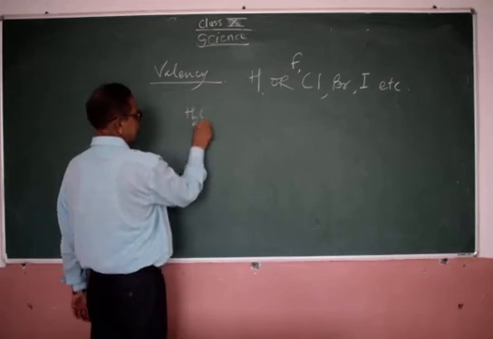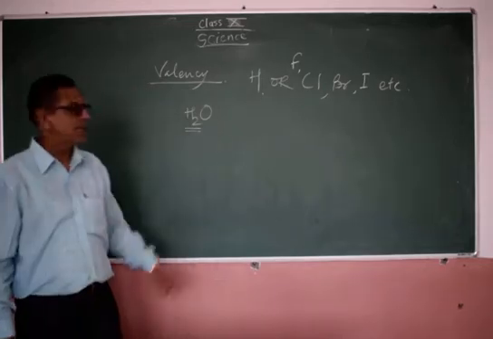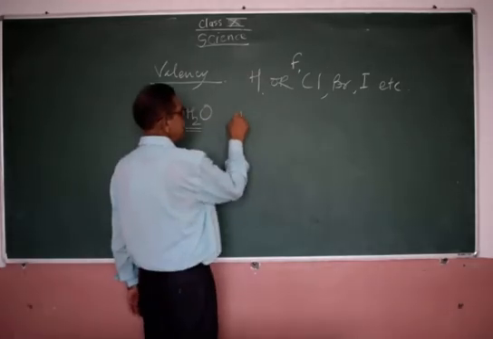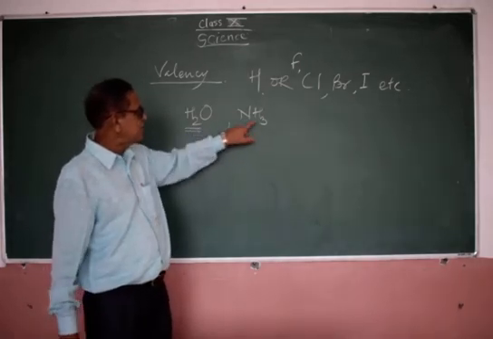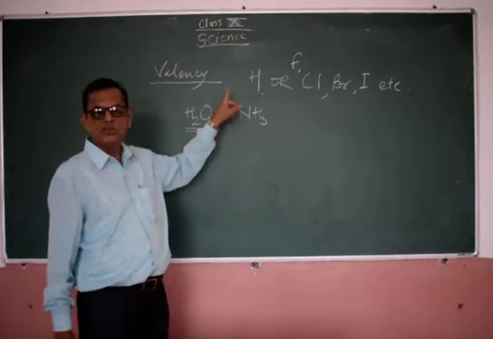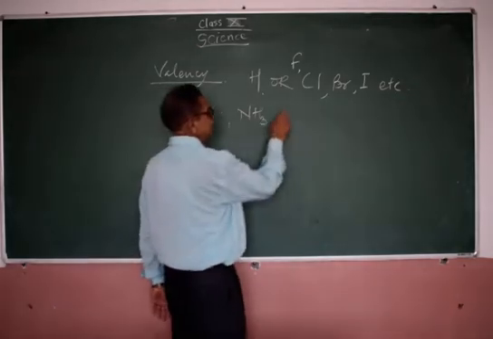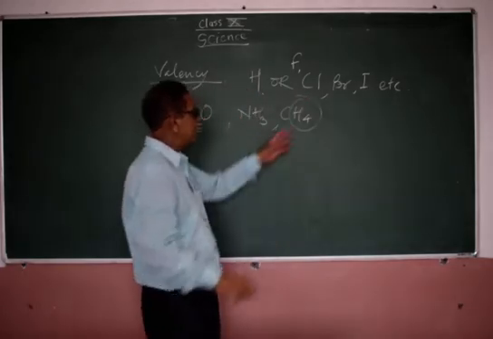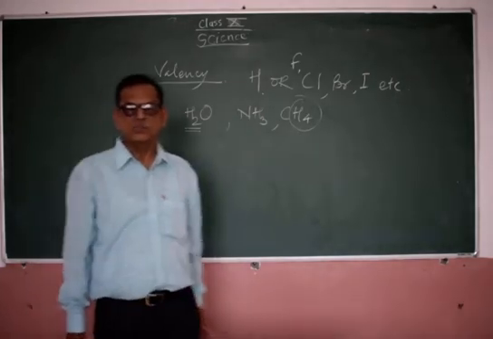For example, two hydrogen atoms are combining with one atom of oxygen, therefore the valency of oxygen is 2. In ammonia, 3 hydrogen atoms are combining with one nitrogen atom, therefore the valency of nitrogen is 3. In the methane molecule, 4 hydrogen atoms are combining with one atom of carbon, and therefore the valency of carbon is 4.